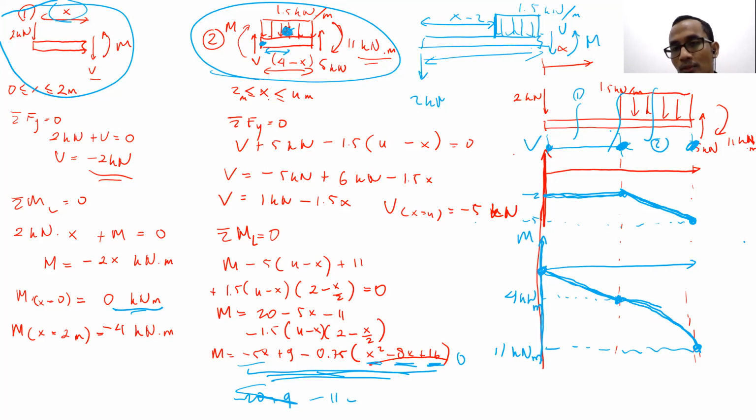Because if we put it there, what you will get is just the value of the internal force and internal moment at this particular location. What we're trying to find is the distribution. So we're supposed to find the section which can represent the distribution. You get it?